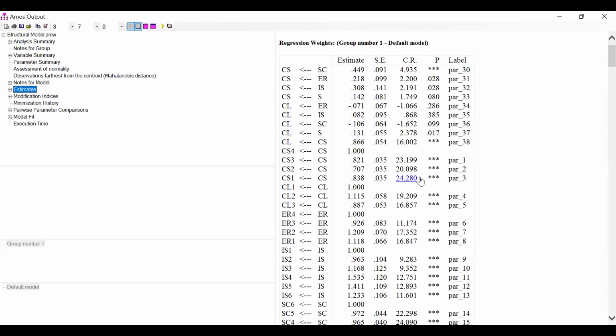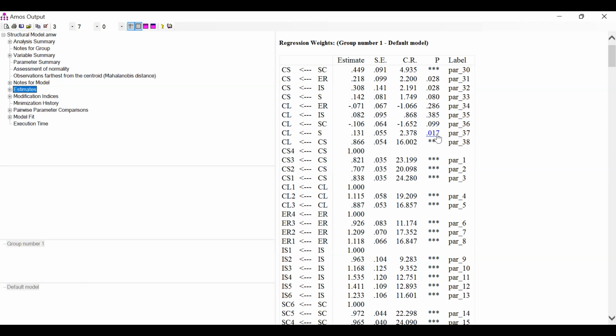The path from SC to CS is significant. The path from ER to CS is significant. We are looking at the P values. The path from IS to CS is significant. However, the path from S to CS is not significant. Coming to the rest, ER to CL is not significant, IS to CL is not significant, and SC to CL is not significant.